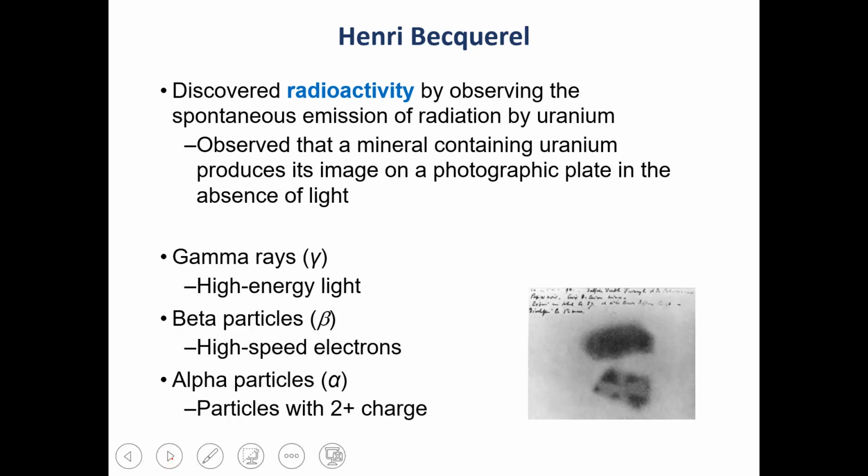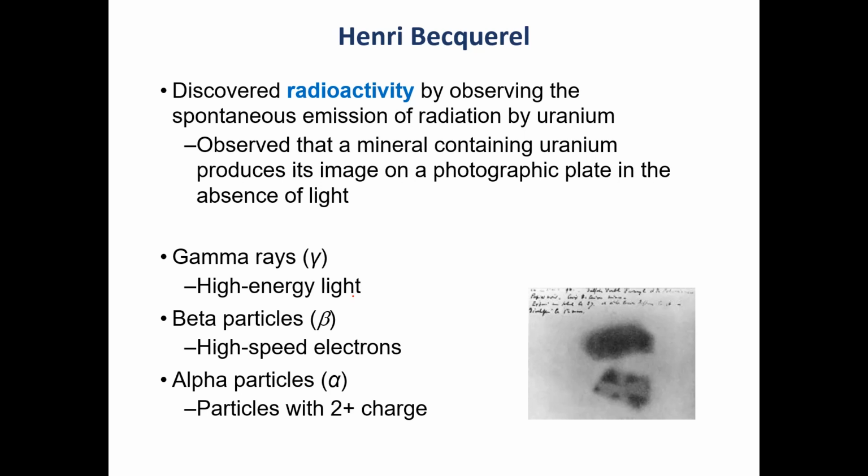And we also learned about different types of radioactivity. So gamma rays, which we're going to talk about more in a later chapter, are actually high energy light. They're actually a form of electromagnetic radiation.